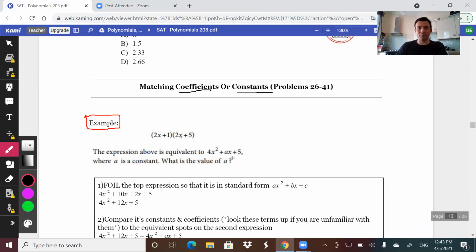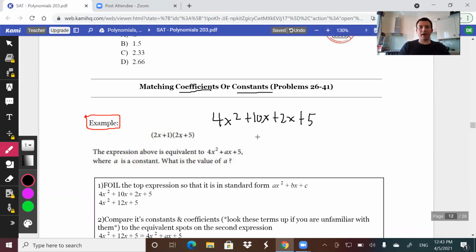So we can't begin to compare these until we put them both in the same form. So I'm going to put this into standard form. If we multiply this out, we end up with 4x squared plus 10x plus 2x plus 5.